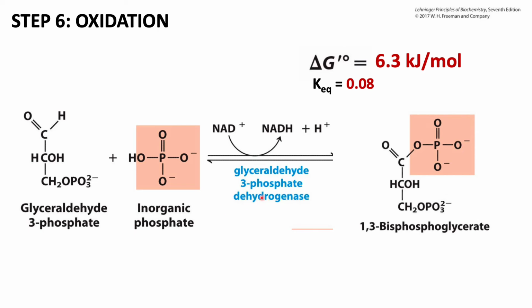This reaction is catalyzed by glyceraldehyde 3-phosphate dehydrogenase. Dehydrogenase is an important enzyme to make note of here, because whenever we see a dehydrogenase, NAD+ and NADH are involved. So in this step, we are losing a hydrogen. We're losing this hydrogen over here, and NAD+ becomes NADH.